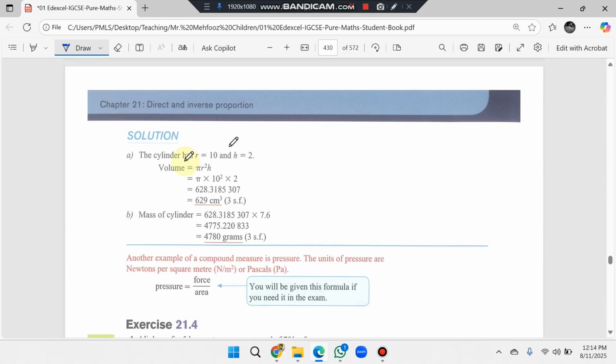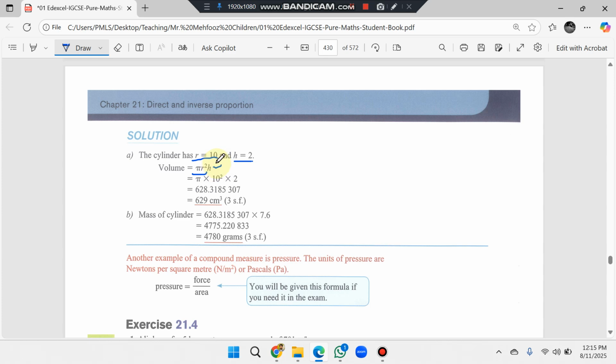So first of all, we have the radius, that is 10, and we have the thickness, that is 2. So what is the formula for the volume of the cylinder? That is pi r squared h. So what is pi? Pi is an irrational number. Its value is 3.14 and so on, right?